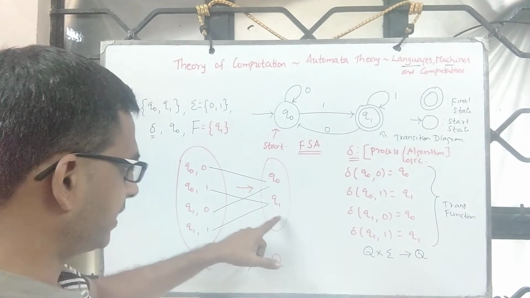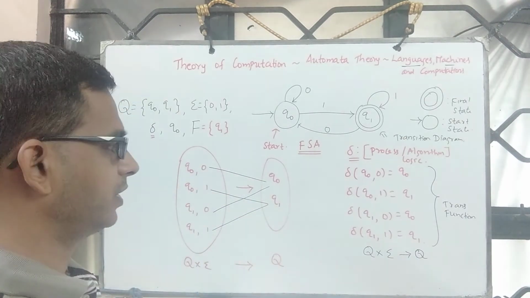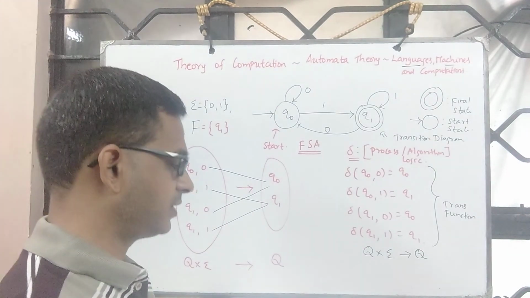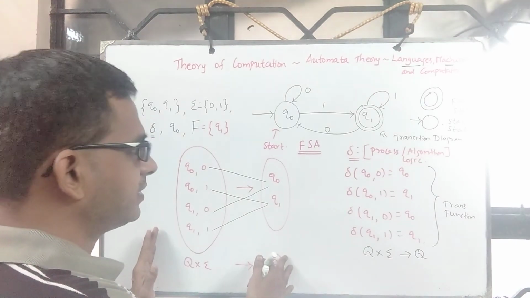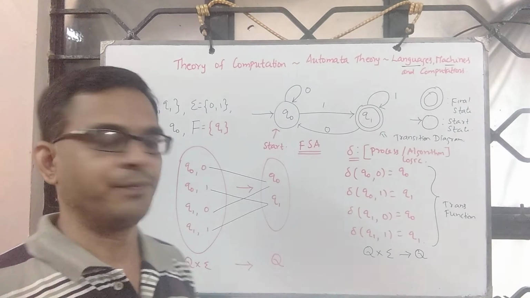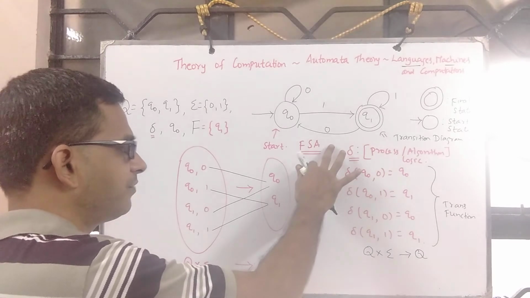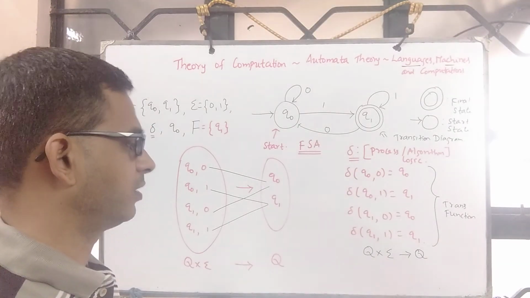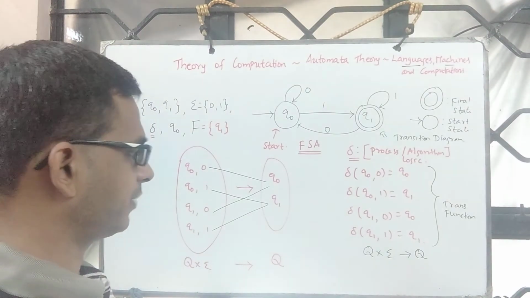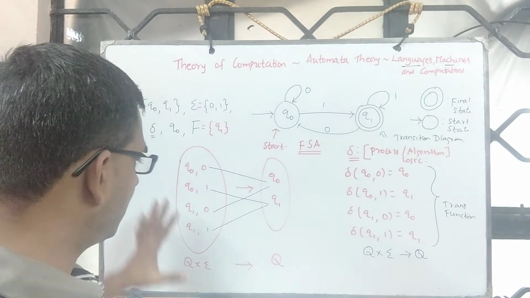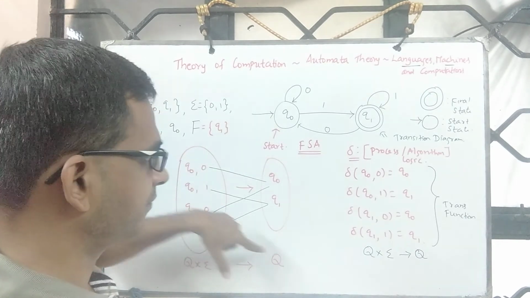No element here is mapped to more than one element here, which means it matches the definition of a function. This function is trying to compute something, and it describes the computing power of this finite state automaton. And what is this function trying to compute? That's something we are going to see now. So when you describe the machine, ensure that it meets the definition of a function.